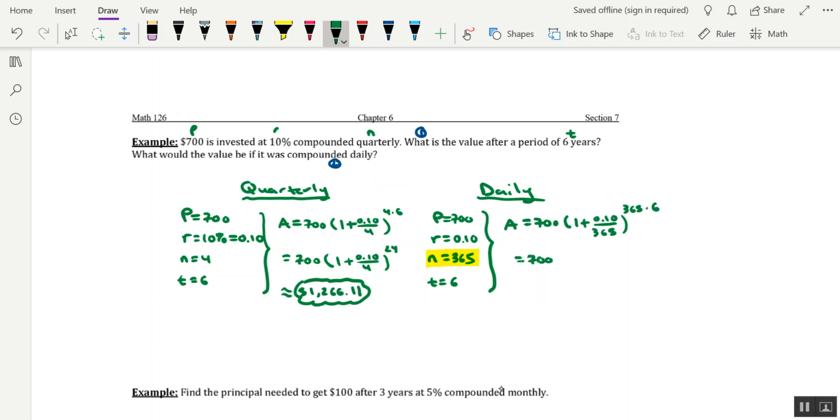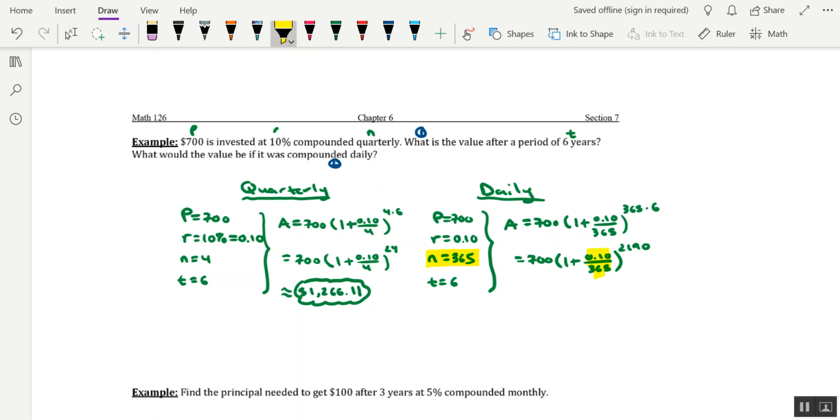Now, that's 700 times 1 plus 0.10 over 365, all that raised to 2,190. So since there are 365 days in a year, and there's 6 years that this loan is going to be good for, there are a total amount of 2,190 interest calculations. Now that doesn't mean that there are 2,190 interest calculations of 10%, but rather there are 2,190 interest calculations of this amount.